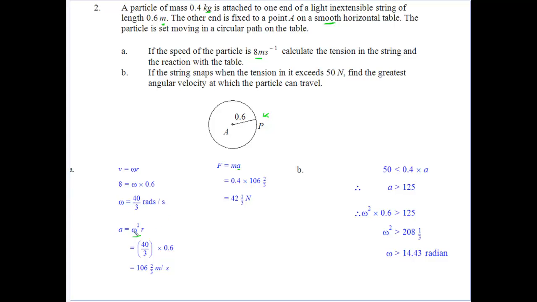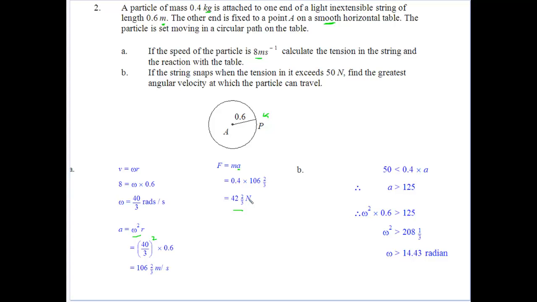So acceleration is angular velocity squared times the radius. The 40 on 3 squared times the radius gives us 106 and 2/3. Our force is the mass times the acceleration, and the tension in the string is the force we're talking about here. So we multiply the 0.4 times 106 and 2/3, which gives us 42 and 2/3 newtons.